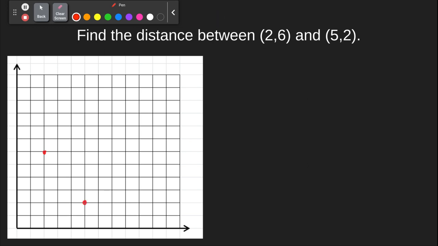We're going to find the distance, or the length, of that line segment right there. If you recall, the distance formula is the square root of the square of x2 minus x1 and the square of y2 minus y1.